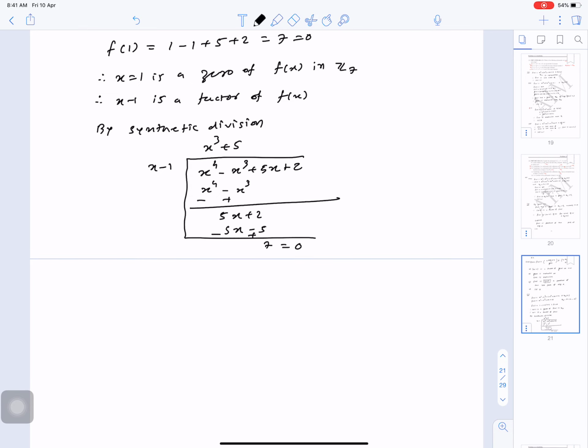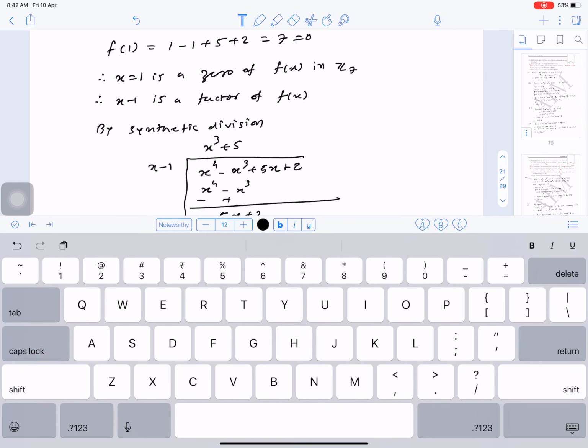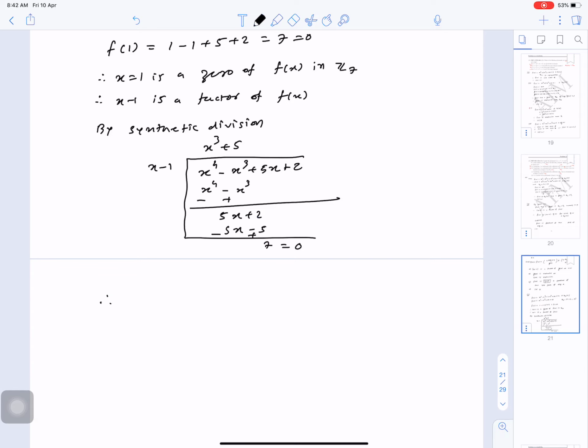So therefore f(x) equal to x raised to 4 minus x cube plus 5x plus 2 is (x minus 1) into (x cube plus 5).